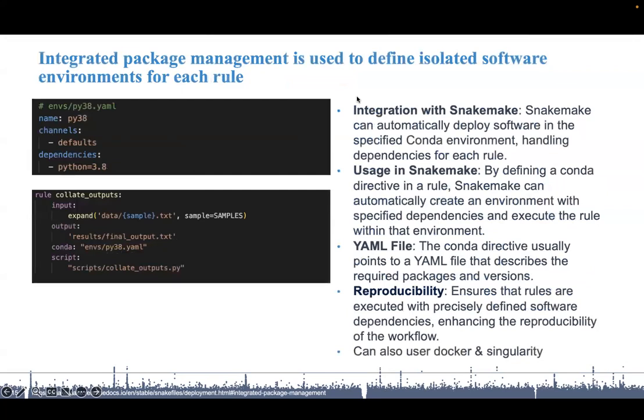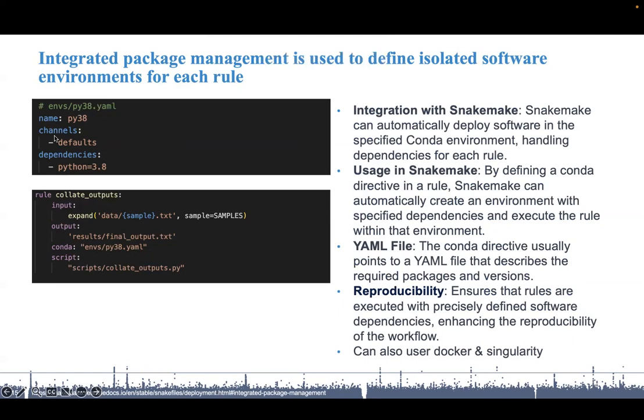So yeah, and then talking about environments. Snakemake can use either conda environments, or it can also use Docker in combination with Singularity. But basically within our environments directory, we're defining, again, another environment YAML, which is composed of a name and channels where we want to download our packages from.